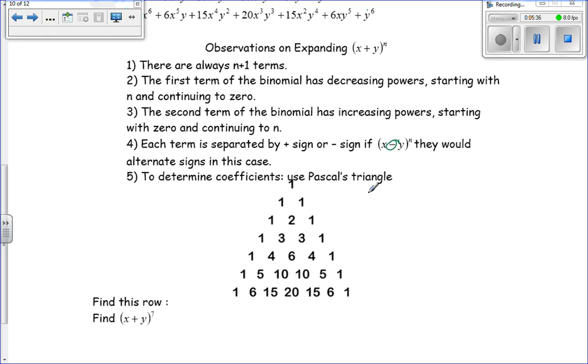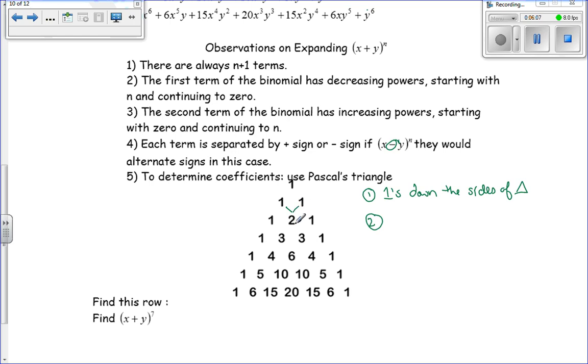So to make Pascal's triangle, we have ones down the sides of the triangle, and then we add the two above it.